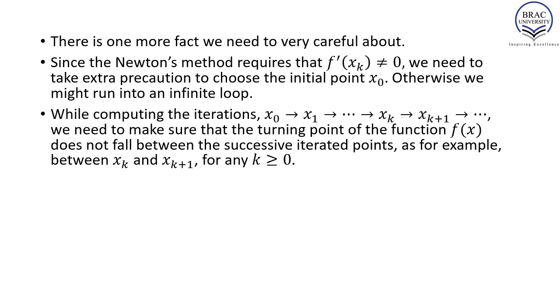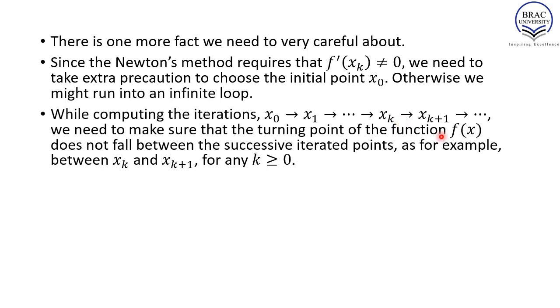So what do I mean by that? Let's understand. While computing iterations, remember we compute this sequence. You start from x0, the initial point, then compute x1, the first iteration, then x2, and then xk plus 1, and we continue the computation until the error becomes 0.